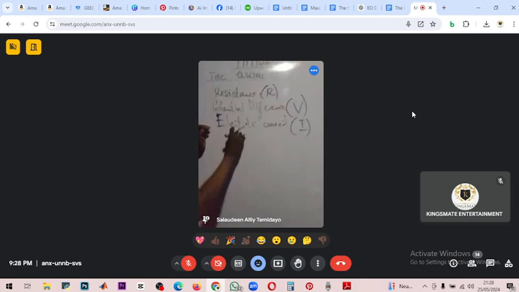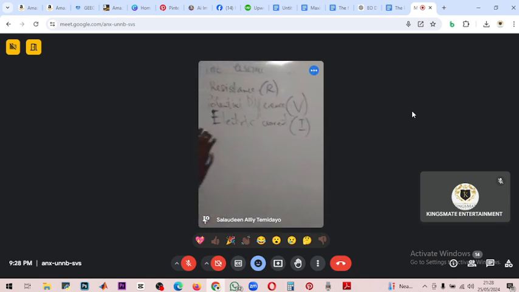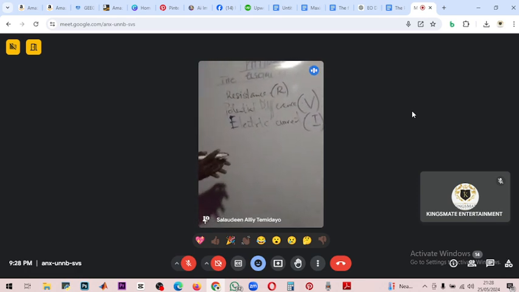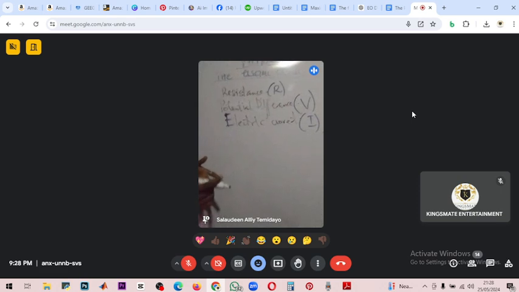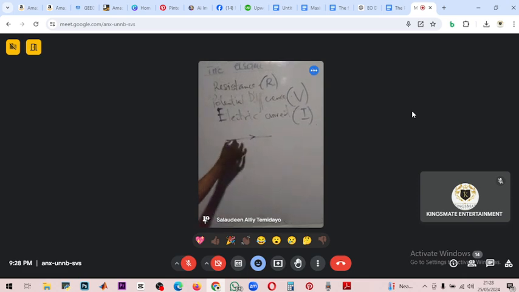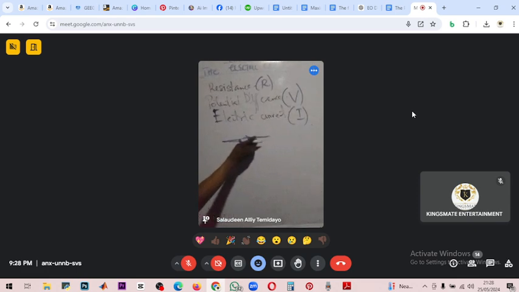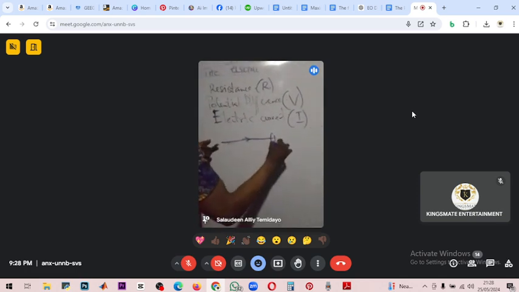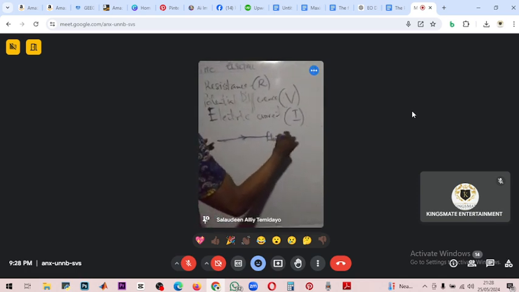So now look at electric current. Electric current is the time rate of flow of electric charge through a conductor. This is a conductor. Electric charge flowing through this thing now. If an electric charge is able to flow, you will not call it electric charge anymore. You will call it electric current.